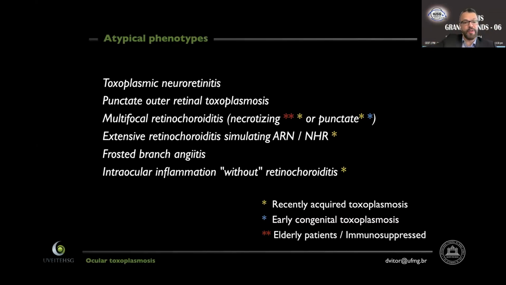More rarely, we have the so-called frosted branch uveitis, and even, very interestingly, the so-called intraocular inflammation without apparent retinal choroiditis. Professor Belfort's group described that in a very interesting study in the south of Brazil many years ago. What is interesting is that many of these forms of presentation have predisposing contexts.